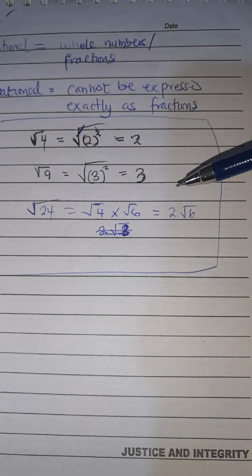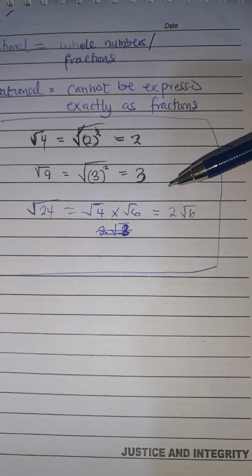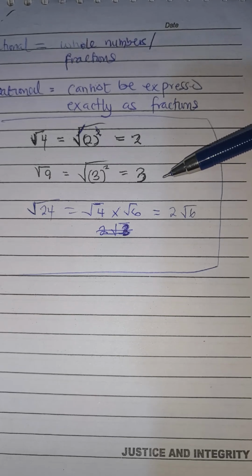That is the simplest way, and this is done without a calculator. With a calculator, you just punch it and it gives you the answer without you understanding why or how it got to that answer.